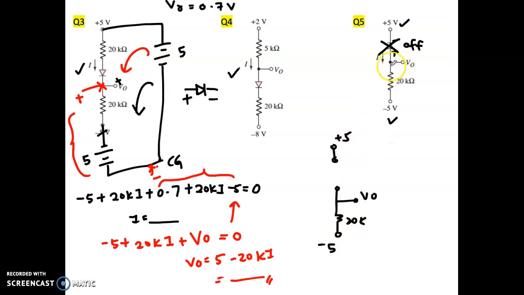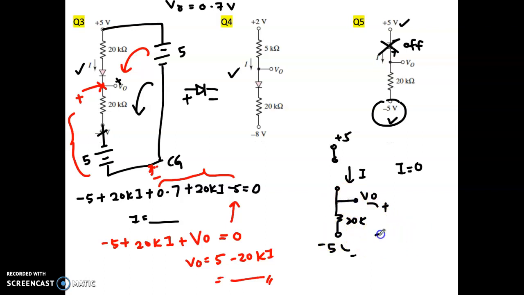So the question says, what will be the current flow here? There will be no current, right? So I equal to 0. But will your V out also be 0? No, because the circuit has minus 5 here. So the voltage probe is from plus until minus 5. How can you find the V out? You can have the equation from here to here.